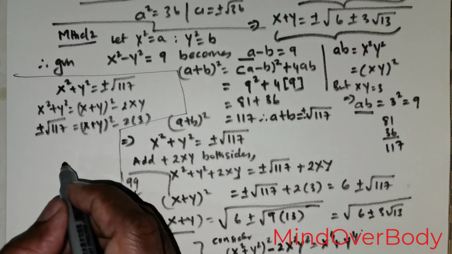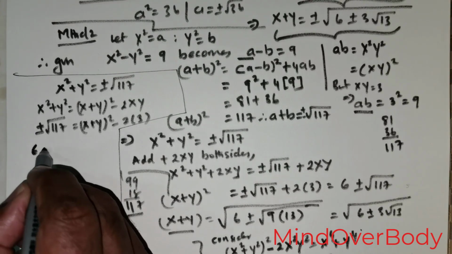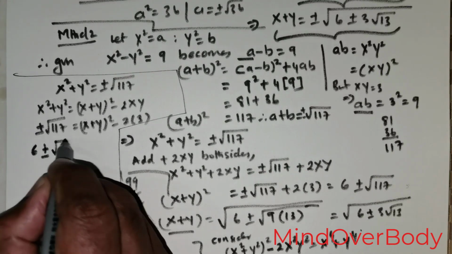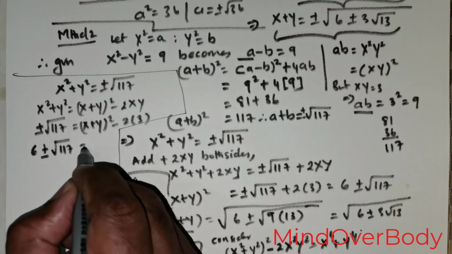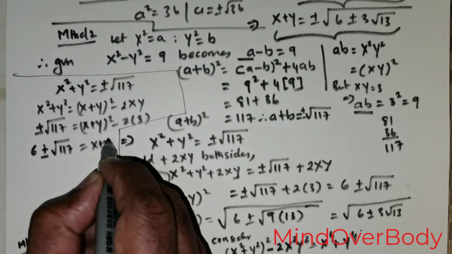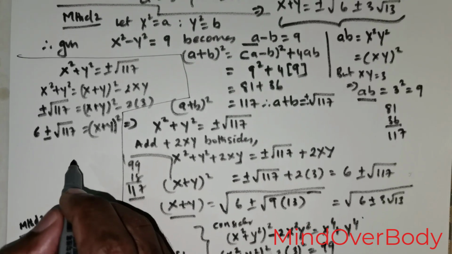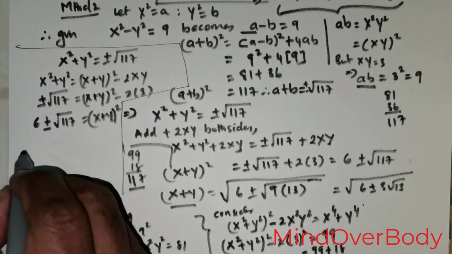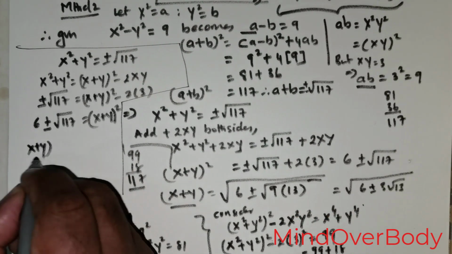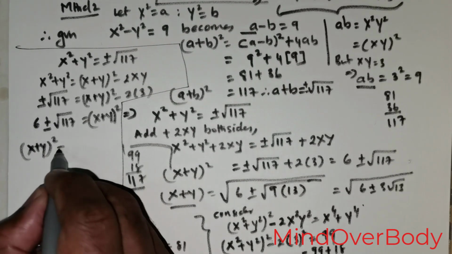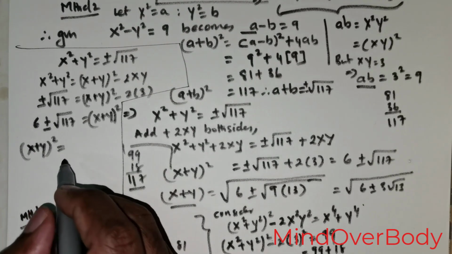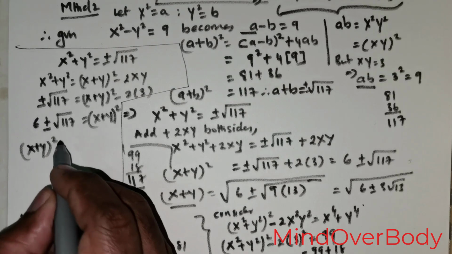Now I'm moving the 6 to the other side. So this is going to give me 6 plus or minus root of 117 is equal to x positive y raised to the power 2. Now I want to rewrite this as x positive y. I'm not going to move the squares as yet. I want to fragment this.